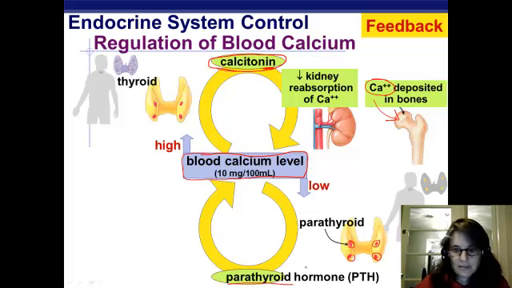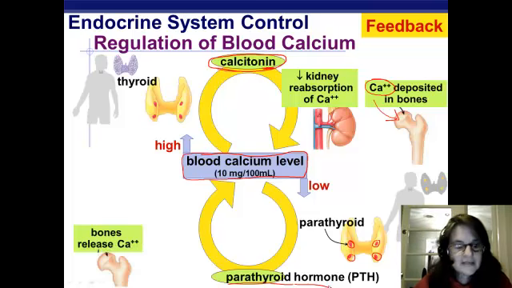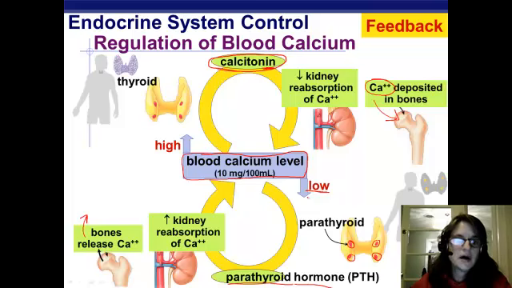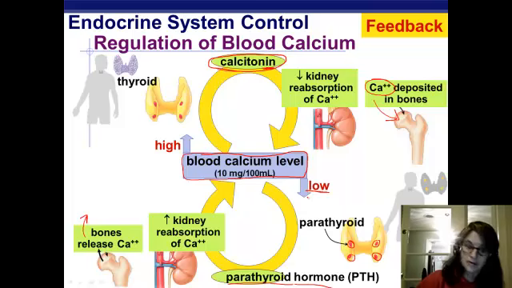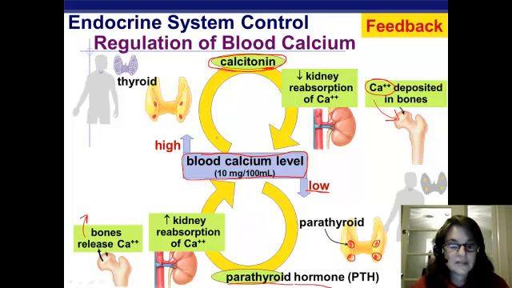It's not hard to remember. The parathyroid releases parathyroid hormone. What that does is it tells the bones to release some of this calcium because our calcium level in the blood has gotten too low and we need it. It also tells the kidney to stop peeing out the calcium, to reabsorb it because we don't want to lose it because it's too low.